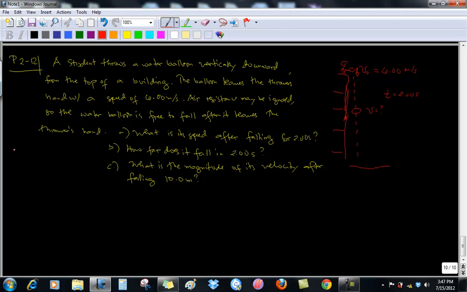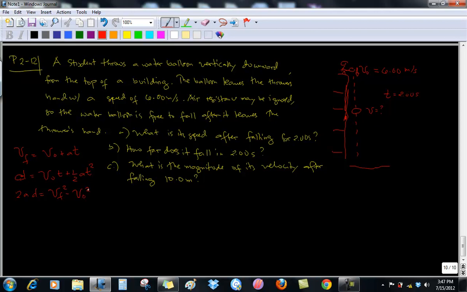First is V final is equal to V initial plus acceleration times time. Second, D, the distance traveled or displacement, is equal to velocity initial times time plus 1/2 a t squared. Then next will be 2 times acceleration times d is equal to velocity final squared minus velocity initial squared.